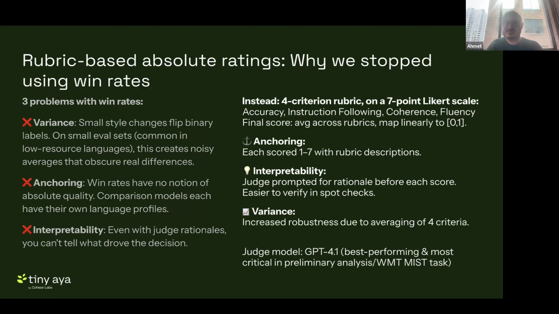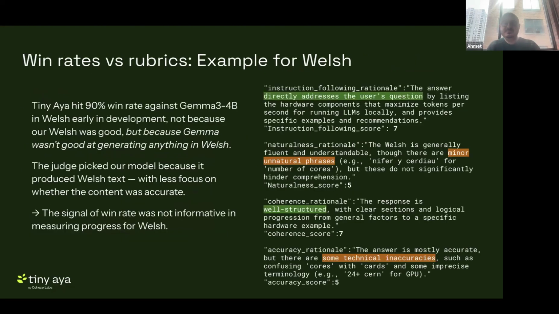But I want to show this with one simple example. In the first iteration of post-training, we were using win rates and comparing our model with Gemma 4B, and the evaluation result was a 90% win rate for Tiny Aya against Gemma. But actually, this was not because Tiny Aya was really good at Welsh, but because Gemma was really bad at Welsh.